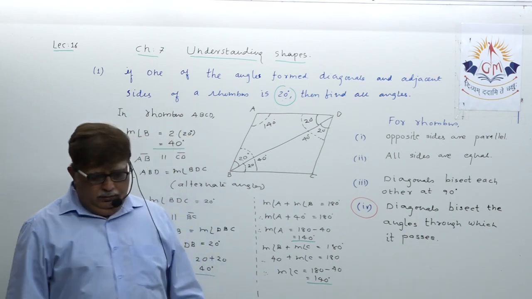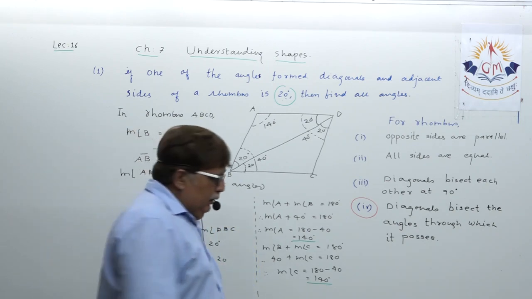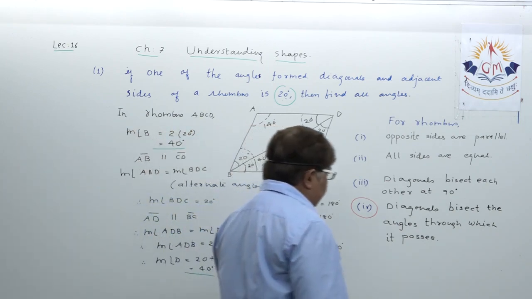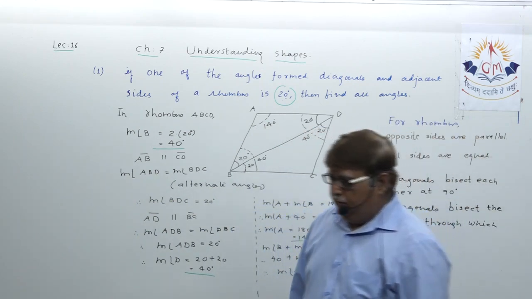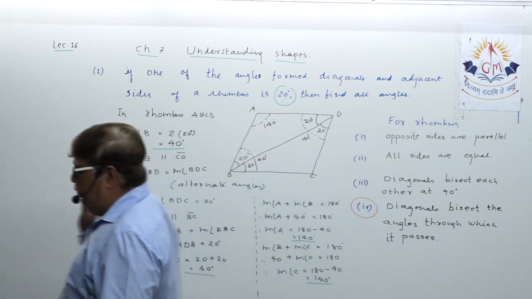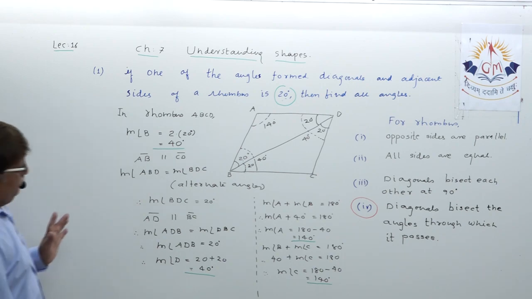Before we go for another little difficult example which is also going to utilize the same property of rhombus, first you just have a look and verify the sum properly.